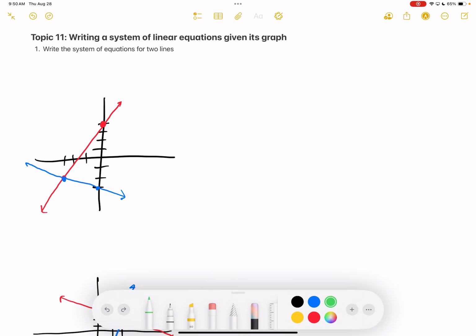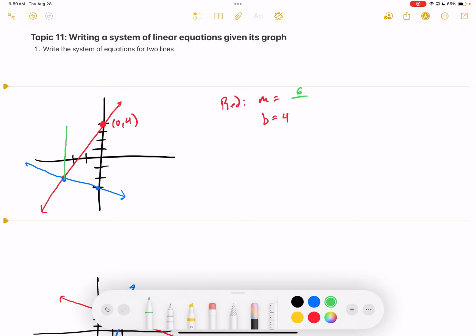My red line, the y-intercept is at 4. The slope, what's my slope? If I count it up, I go up 1, 2, 3, 4, 5, 6.